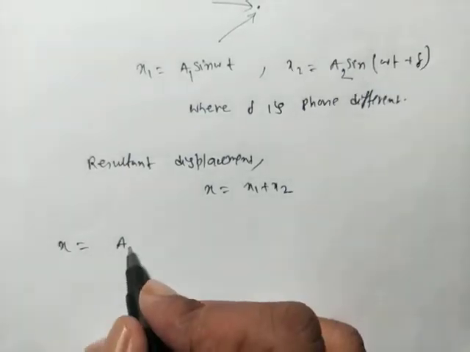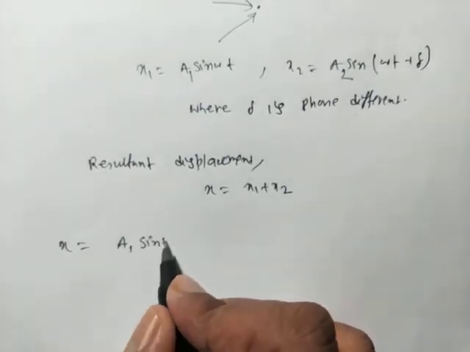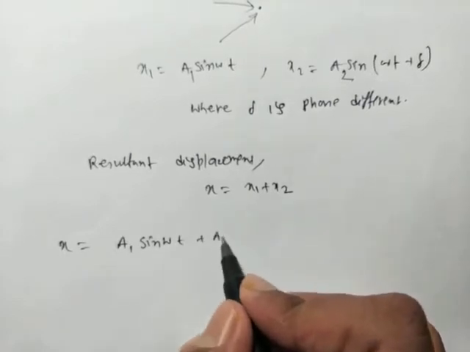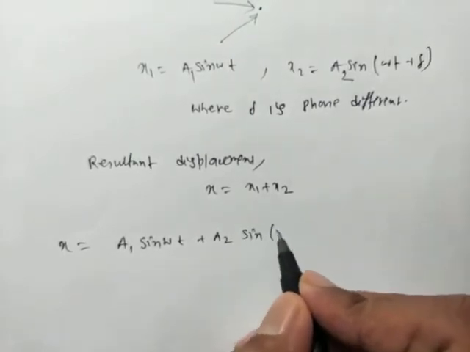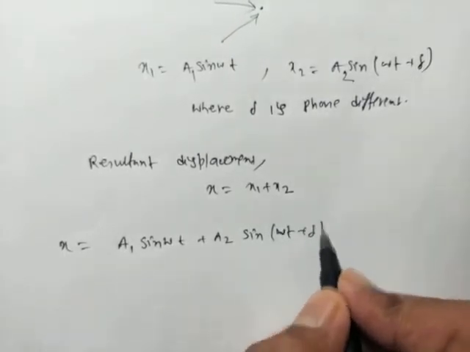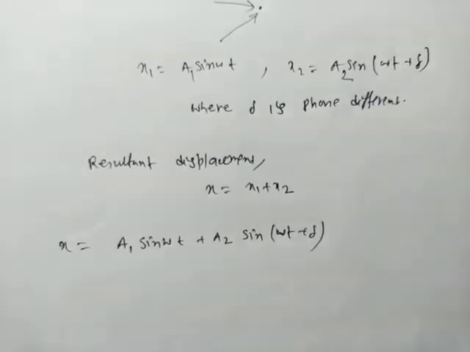So x equals a1 sin omega t plus a2 sin(omega t plus delta). For simplicity I have assumed that both simple harmonic motions have the same angular frequency, omega.